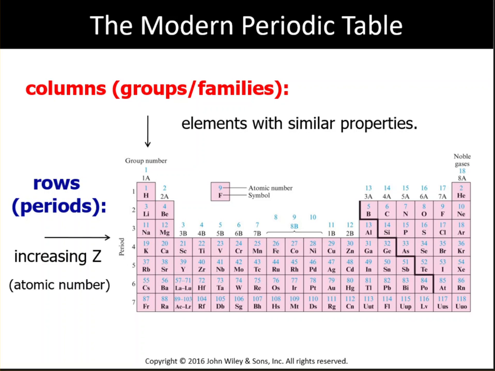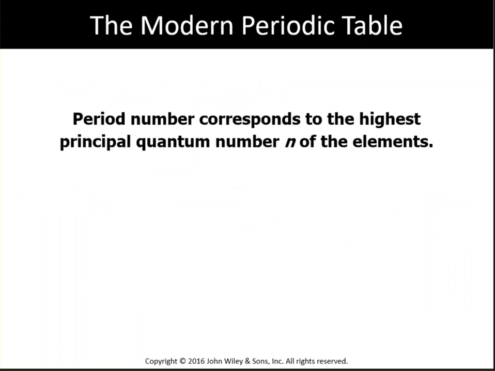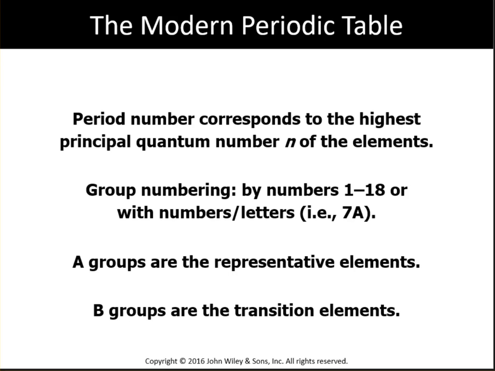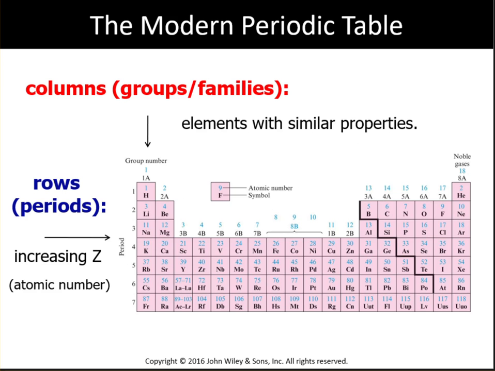Now in the periodic table, keep in mind that the period number corresponds to the highest principal quantum number n of that element, and the group number represents the number of electrons in each orbital. So what does that mean?